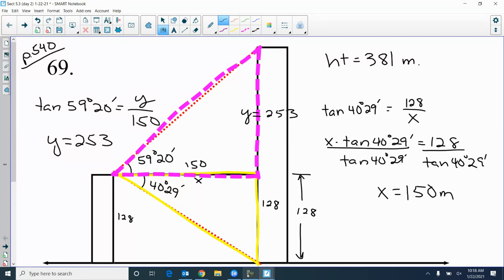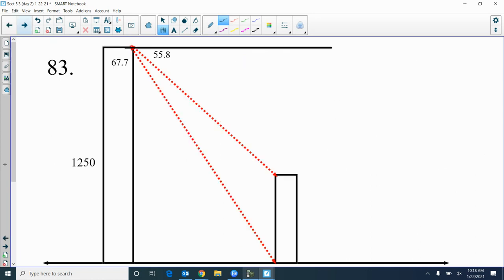All right, the next one is, I think I got it written down wrong. What was the next one? It's number 89. All right, take a look at what you got. And then let's see, how do we solve this?